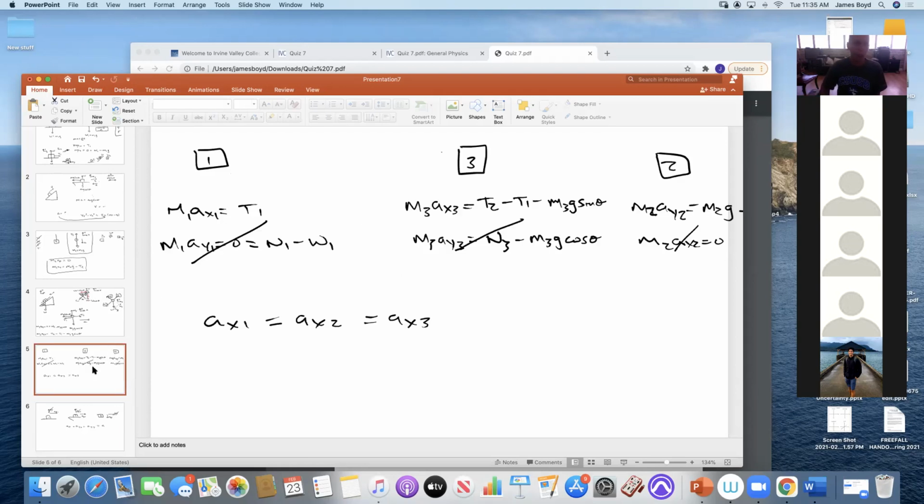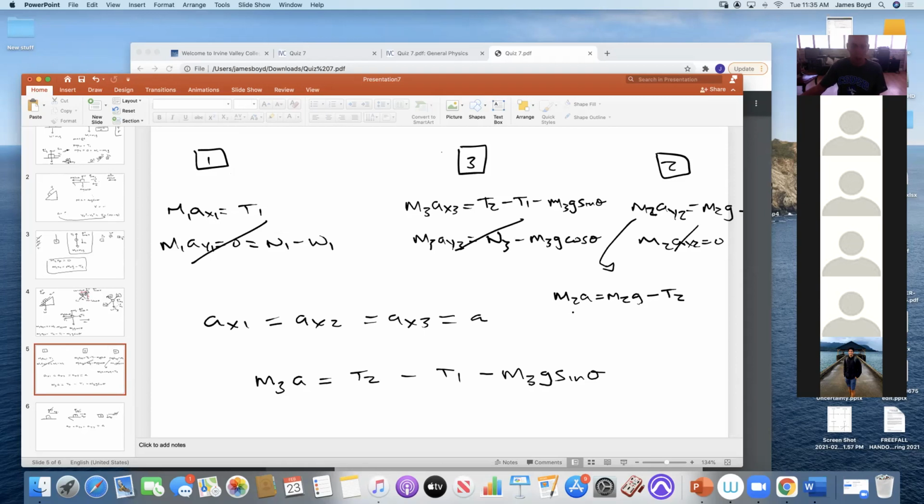Going back to our equations then, if we really just look at this center equation, we have M3 times A, is equal to T2 minus T1 minus M3g sine theta. Now for T2, M2A is equal to M2g minus T2.